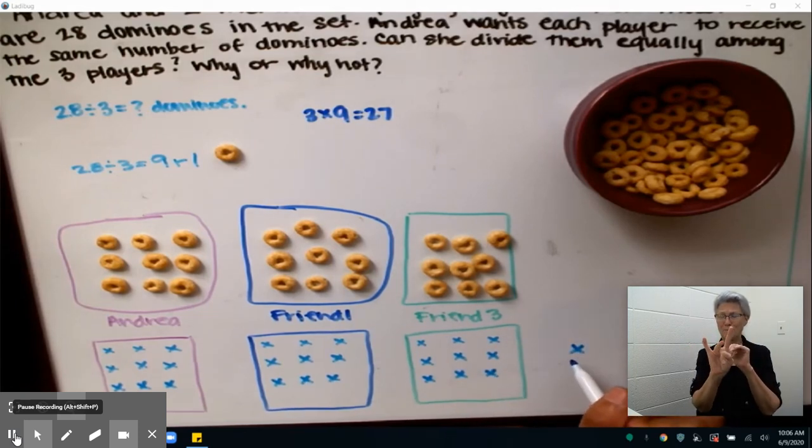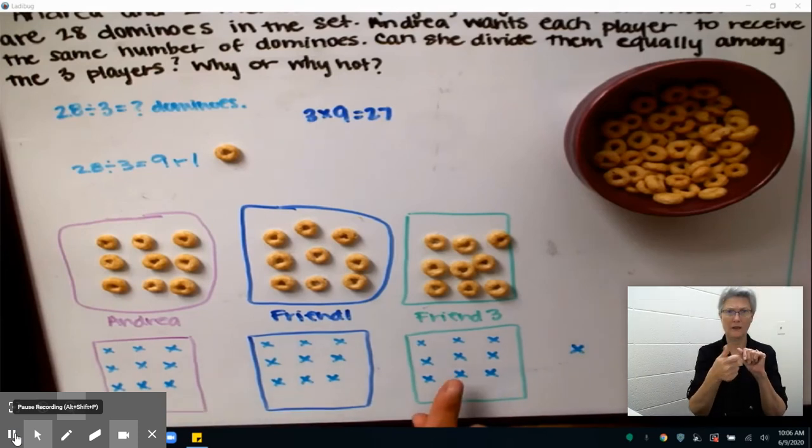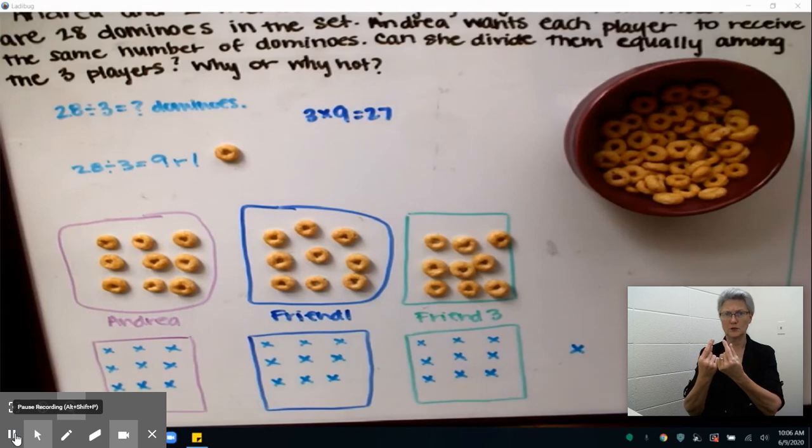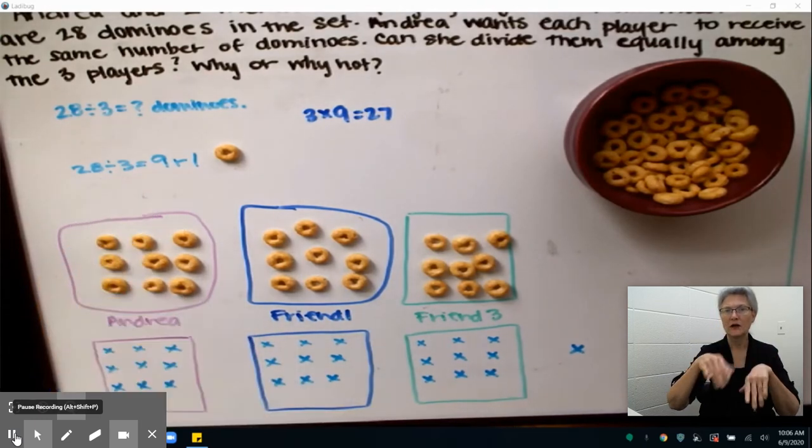But again, I can't place that into any one of these groups because then one group would have more than the others. So even drawing a picture, I can find that my answer would still be 28 divided by 3 is 9 with a remainder of 1.